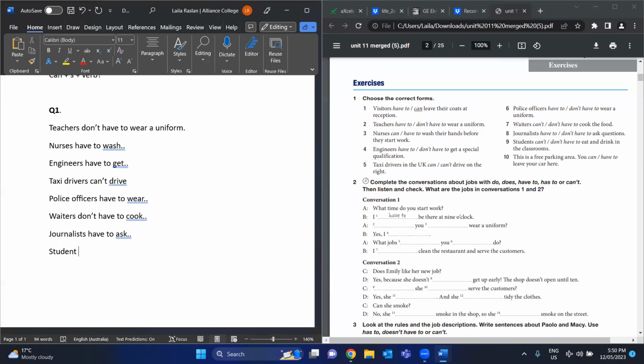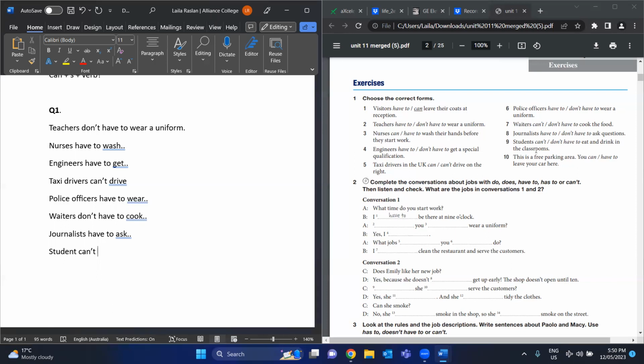I think because they did it before, so now they want to make a rule, they can't. Yeah. It's not like it's not important for students not to eat. That's not what we're saying. We're saying they're not allowed to. So remember, if you can replace the word can't with not allowed to, so students not allowed to eat and drink in the classroom.